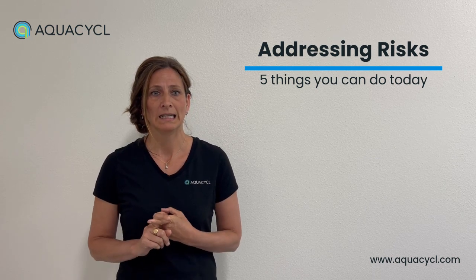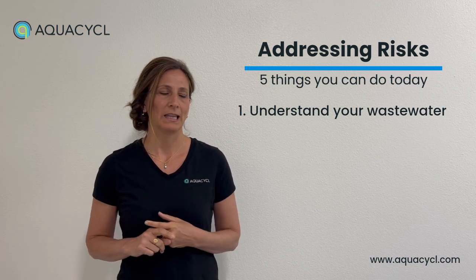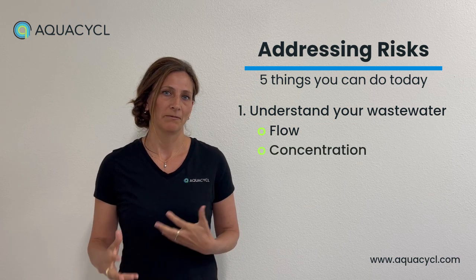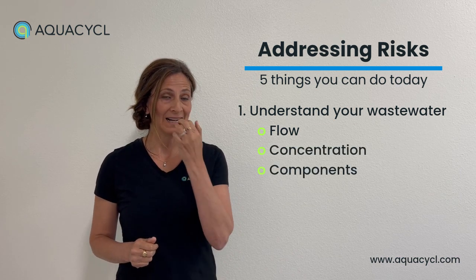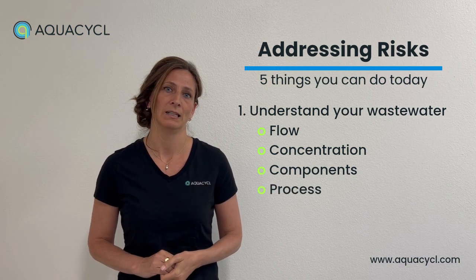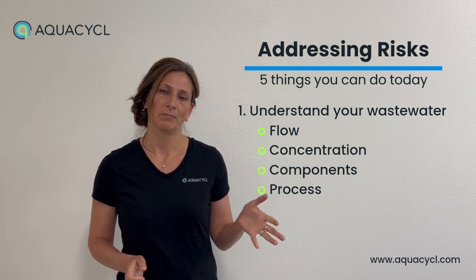So number 1 is to really understand what's in your wastewater. And this could be things like your flow, your concentrations, the different components that are coming through the wastewater, as well as looking at the process to understand peaks and valleys within the wastewater and where things are coming from within the process.